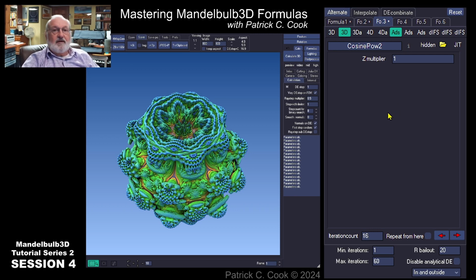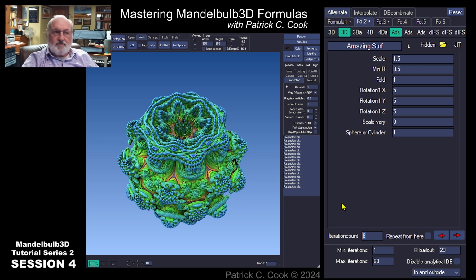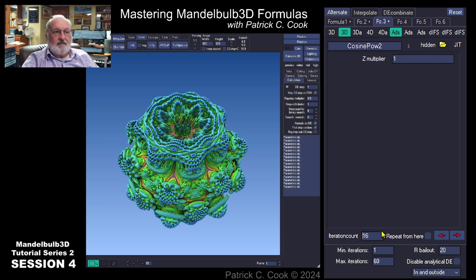Now, if I go to formula slot number 1 and click on that, you'll notice that the iteration count is 5. Formula 2, 8, just as I had set it. Formula slot number 3, 16, just as I had set it. The only thing I'm proving right here is that this iteration count value is related to the currently selected formula slot.